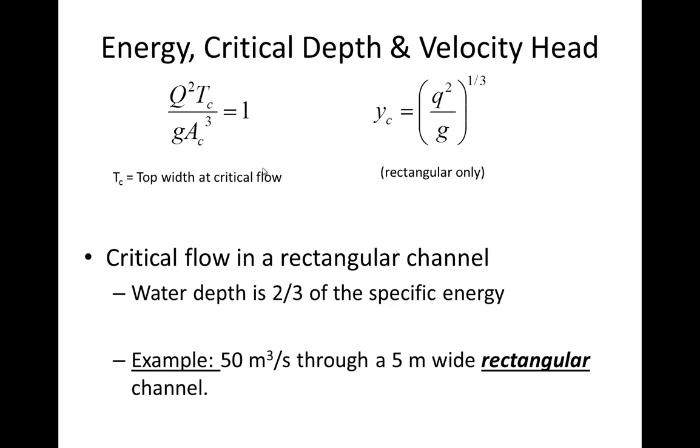As an illustration of that, let's take a look at this example where 50 cubic meters per second is flowing through a 5-meter wide rectangular channel. This example is an illustration of where the specific energy is during critical flow.